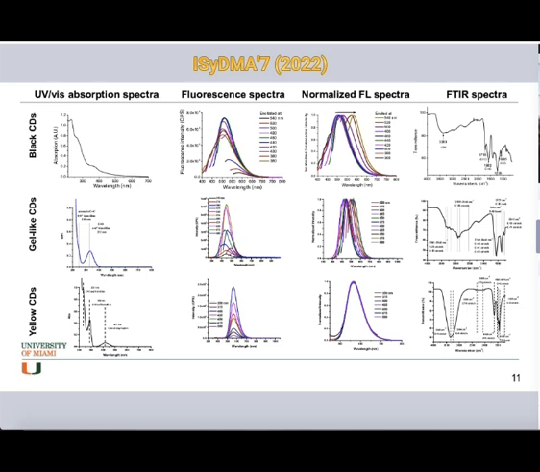So we have been mainly in the visible region and a little bit in the UV region, around 400 nanometer, and at around 320, 325, depending on the carbon dust. This is related to the C=C absorption or C=O absorption.